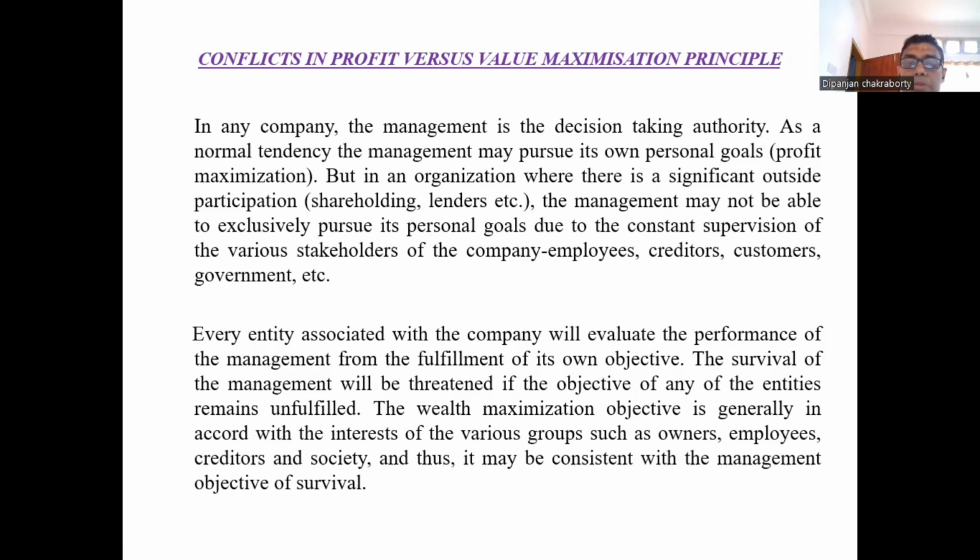If we look only at personal goals, that is profit maximization, that is only a personal criterion. The management may not be able to exclusively pursue its personal goals due to constant supervision of these stakeholders.